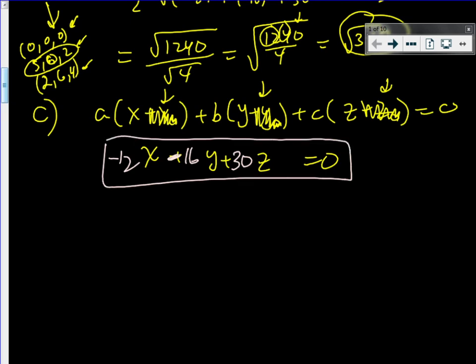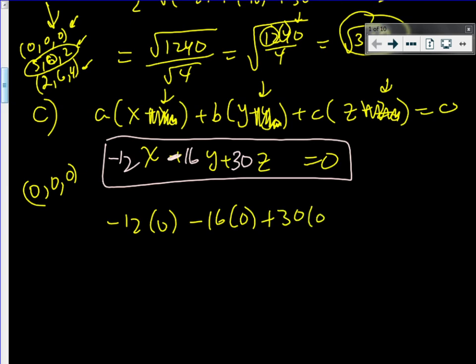And we can check it easily. I can plug in the first point, 0, 0, 0. I plug in x is 0, y is 0, z is 0. That's 0, minus 0, plus 0. Yep, that equals 0. Now I plug in 5, 0, 2, the next point.